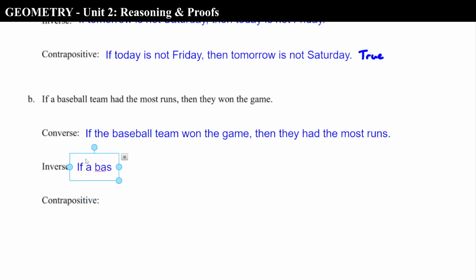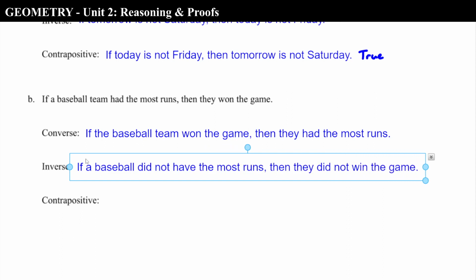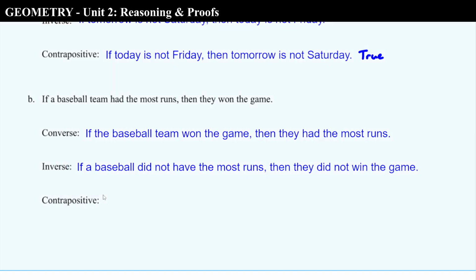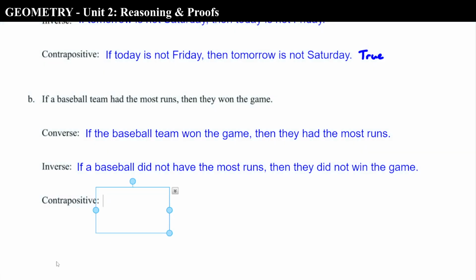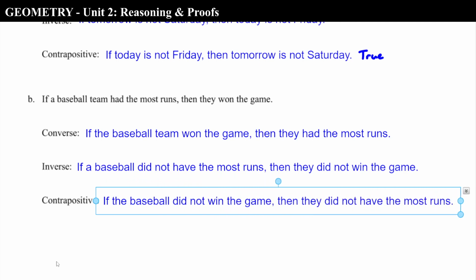If a baseball team did not have the most runs, then they did not win the game. And then finally, for the contrapositive, we flip it and put in the nots. If the baseball team did not win the game, then they did not have the most runs.